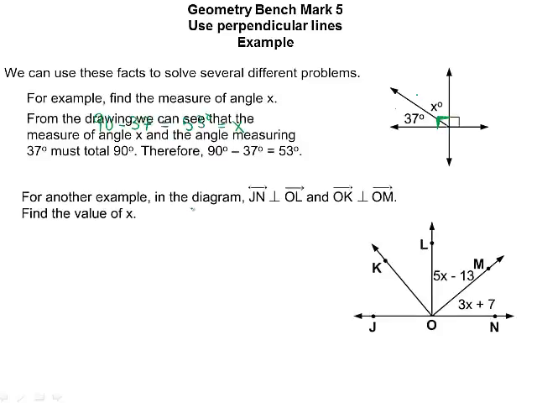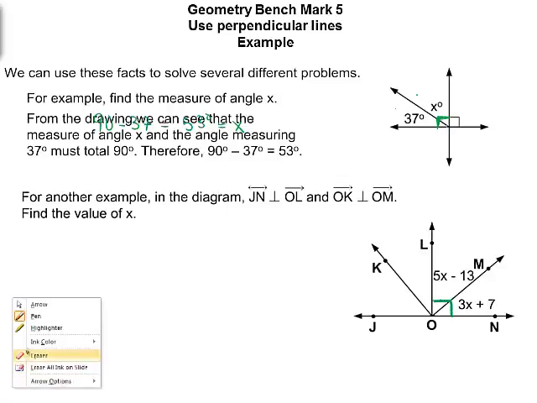I'll erase that later. Okay, now in this one, they don't label which ones are 90 degrees, but they tell us 90-degree lines. So JN, that's this line down here, is perpendicular to OL. That's this part right here. So these are perpendicular together.